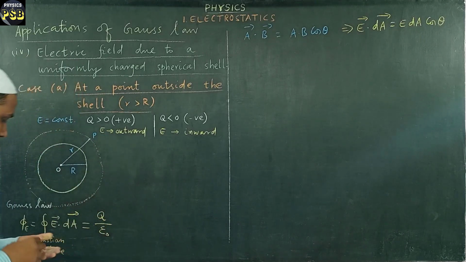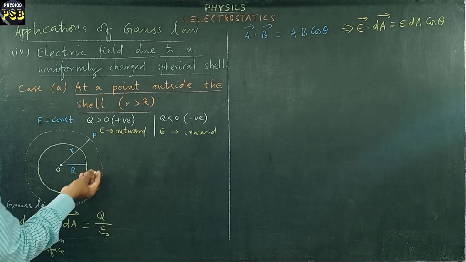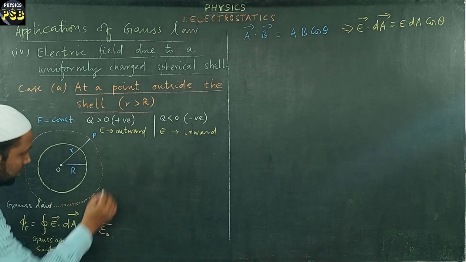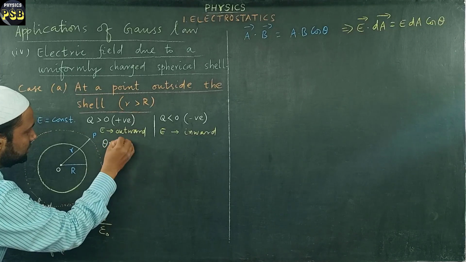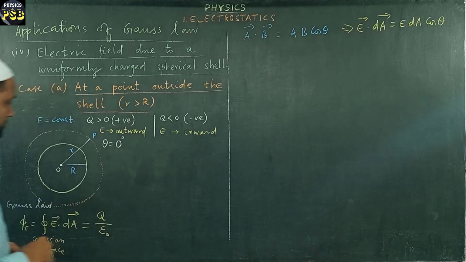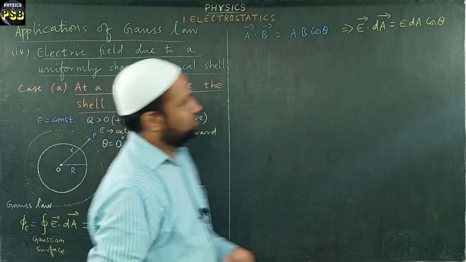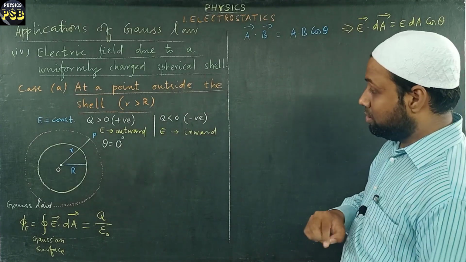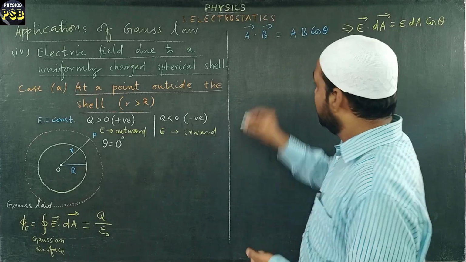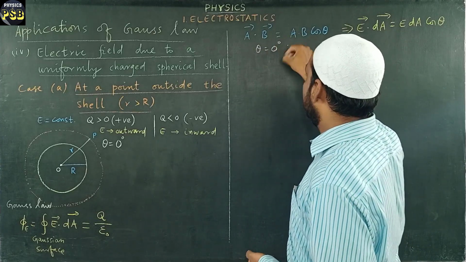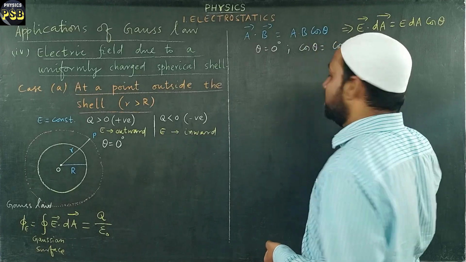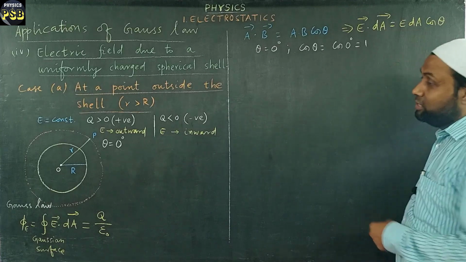When these two act in the same direction, then theta is taken as 0 degree. So I take theta equals 0 degree. Then cos theta equals cos 0 degree, which is equal to 1. It is known to us.